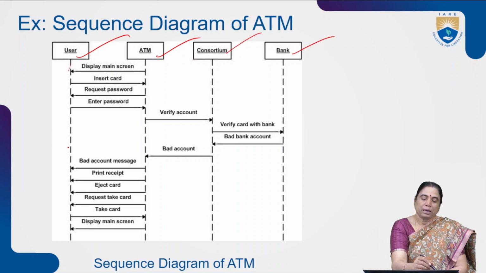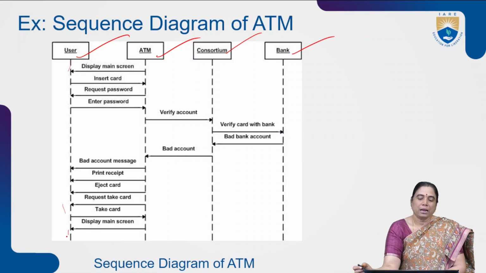Each object has a lifeline, which is the dashed vertical line. During the lifetime of an object, how messages must be transmitted with other objects in order to perform a transaction in a sequence is modeled with the sequence diagram of an ATM.